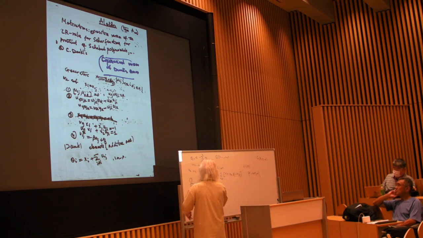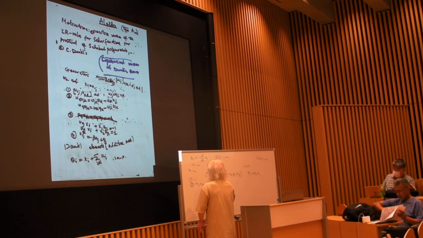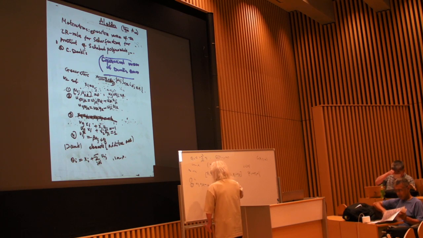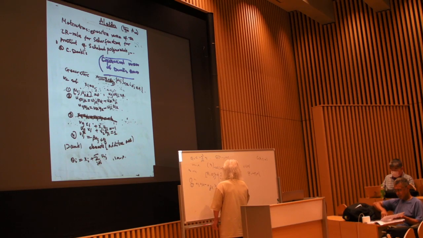And again I will write it, because I consider type A, this means Uij Ujk is equal to Uij Ujk, Uik minus Uik Ujk.